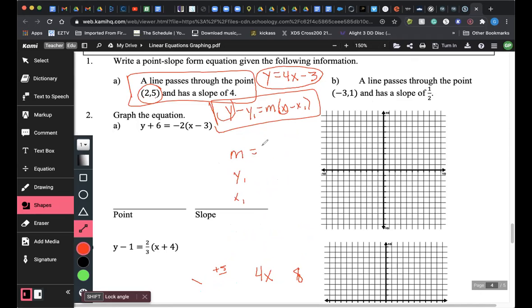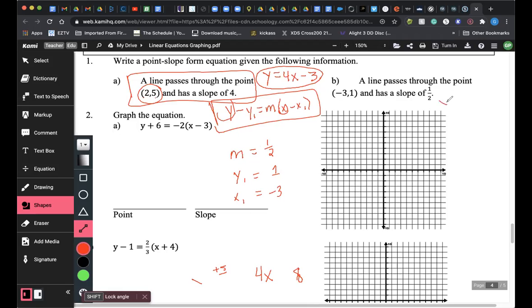One half. Okay, m is 1/2. What is my y1? My y1 will be 1. Good, and my x1? Negative three. Perfect. So I'm going to put all of that information into this formula.